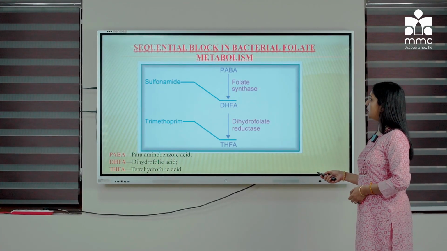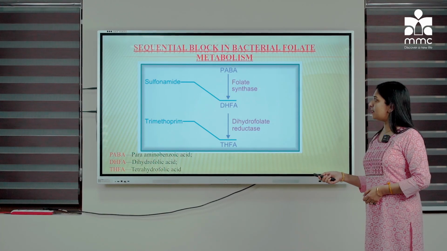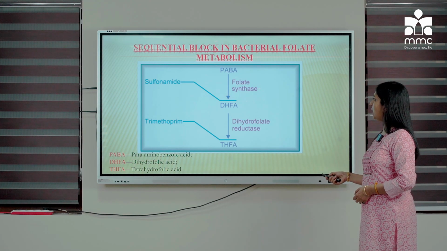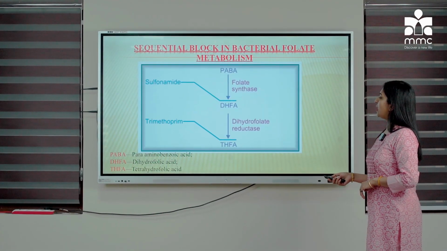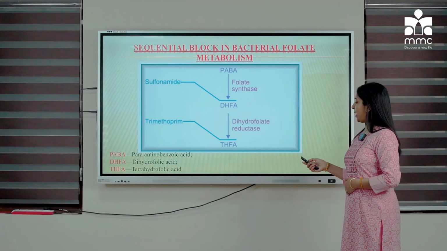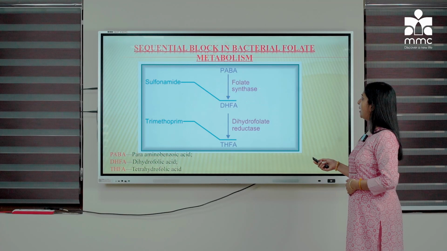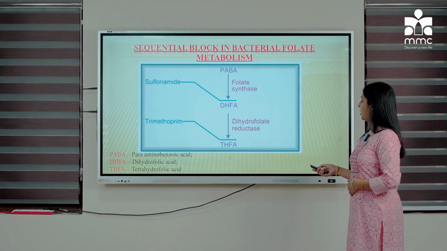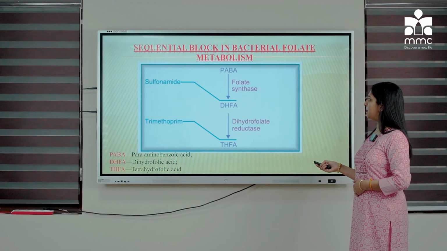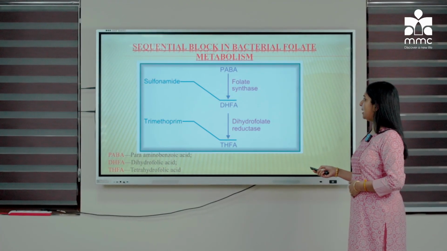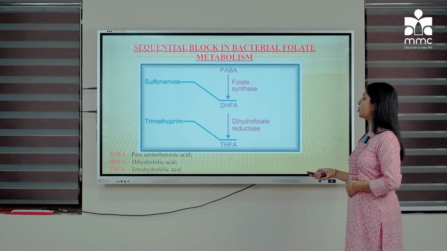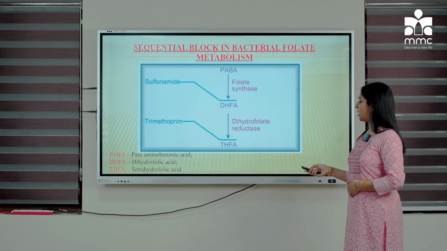Before, we discussed normal folic acid synthesis. Now coming to bacterial folate metabolism, according to the properties of these drugs, how these drugs act. You can see here the sequential blockade in bacterial folate metabolism. Here you can see PABA, that is para-aminobenzoic acid. Sulfonamide inhibits the folate synthase enzyme, which helps in the conversion to DHFA.